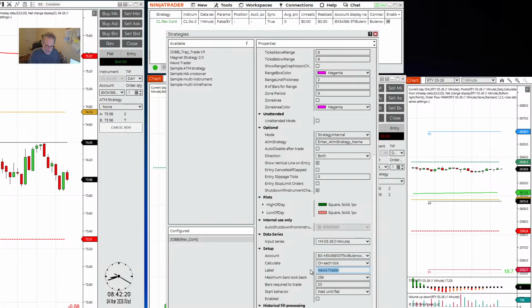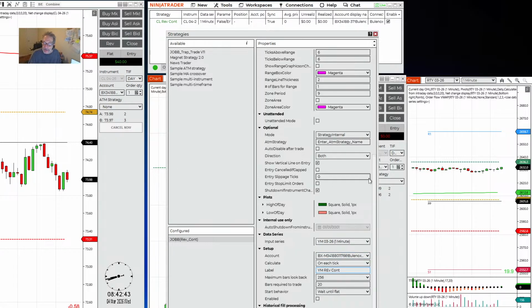And we'll label it YM reverse continue. I'm just trying to think what account I want to trade it in. Let's trade it here.